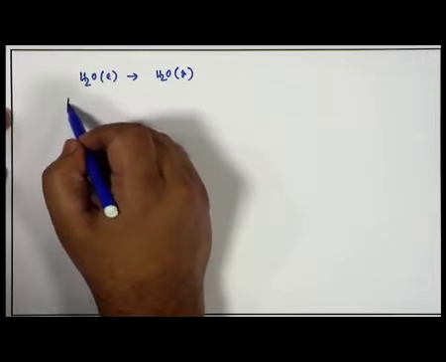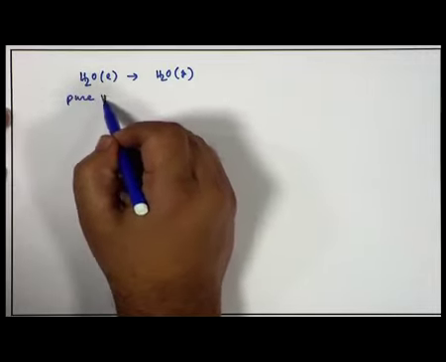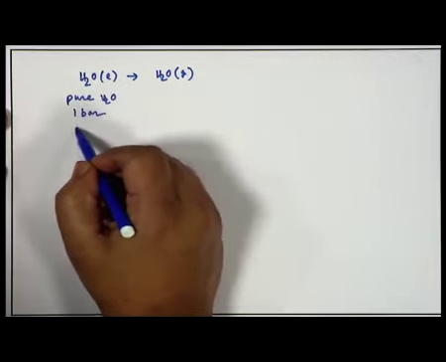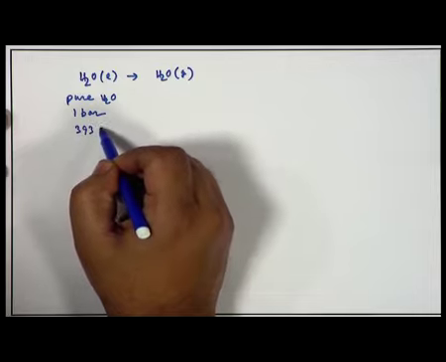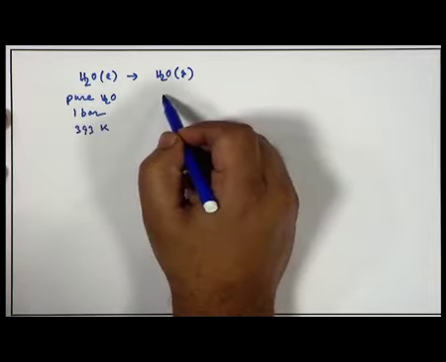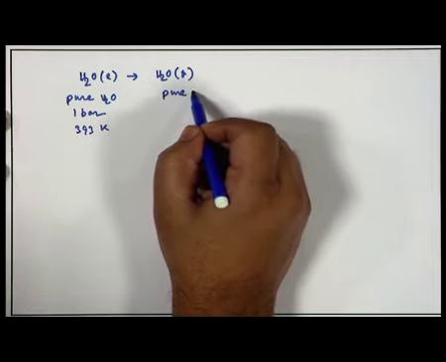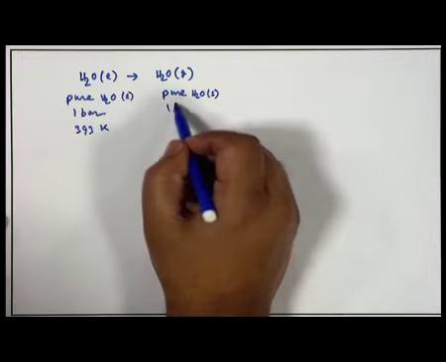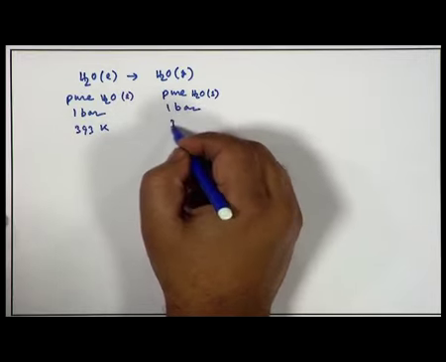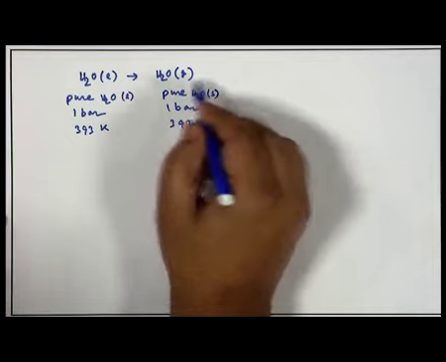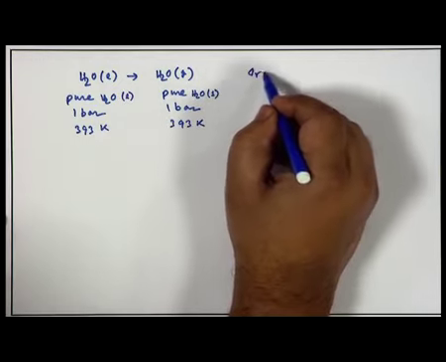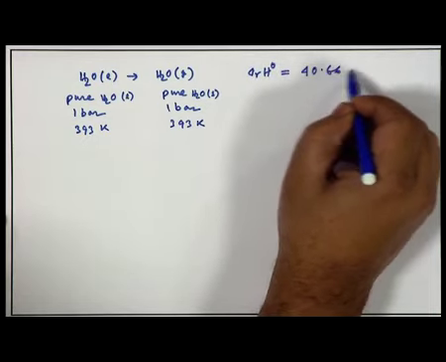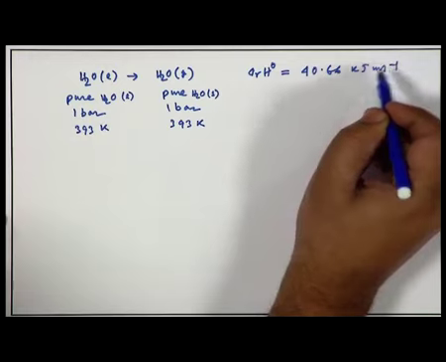It has to be obviously pure H2O, 1 bar, standard state 1 bar, and if we consider 100 degree centigrade, 373 K. Similarly, this is also pure water gas, pure water liquid here, 1 bar pressure, 373 K. So, the corresponding reaction enthalpy is found to be 40.66 kilojoule per mole.